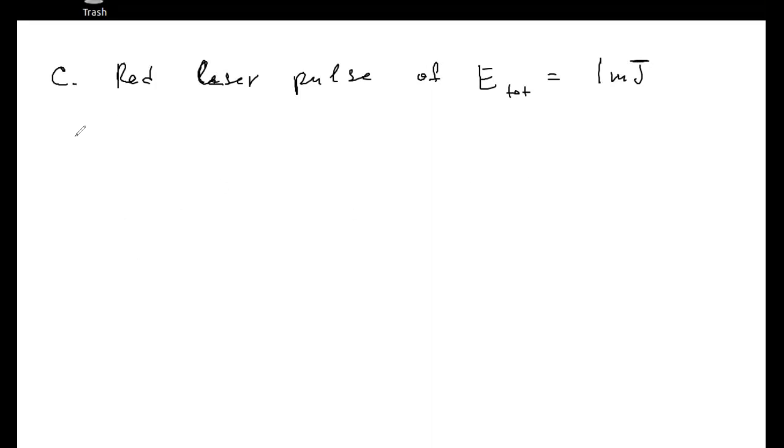So the wavelength lambda is 632 nanometers. It's the wavelength of this radiation. So you send a pulse. This pulse has a certain energy, 1 millijoule.